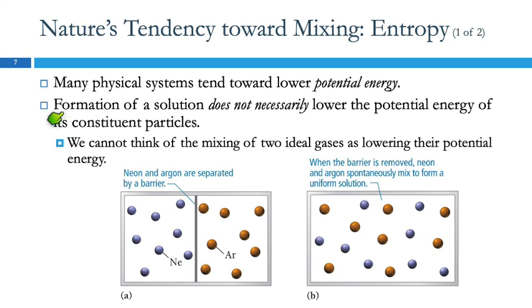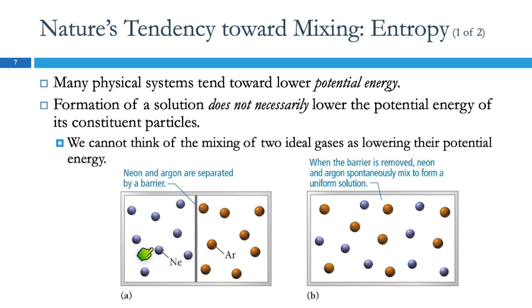Well, when we form a solution, when two things mix together, it doesn't necessarily lower the potential energy of those particles. So here we can look at two gases, neon and argon, separated in a container. We take the barrier away, these are going to mix, right?